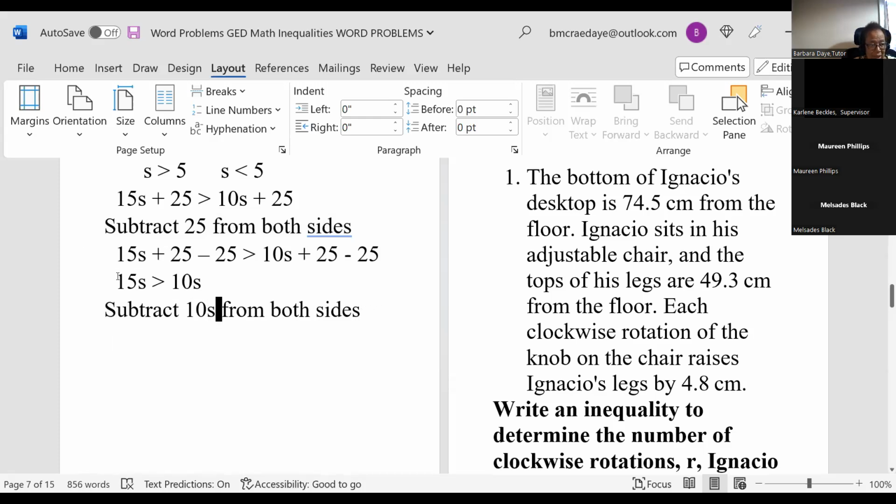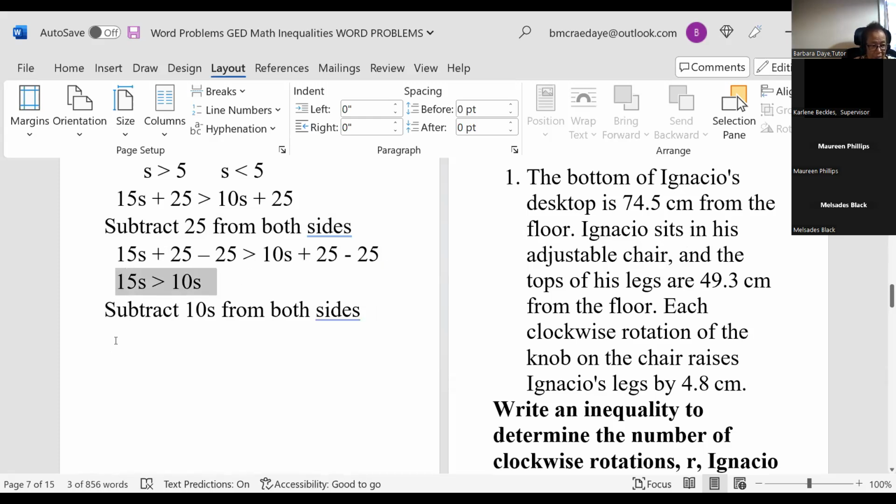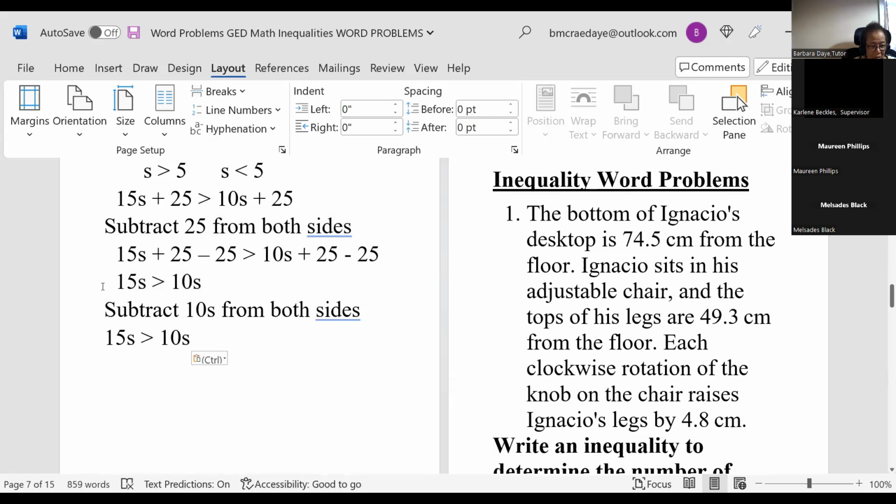And let's just put that there. Subtract 10S on the left, minus 10S, and subtract 10S on the right. Now, what do we have on the left side, Mercedes?